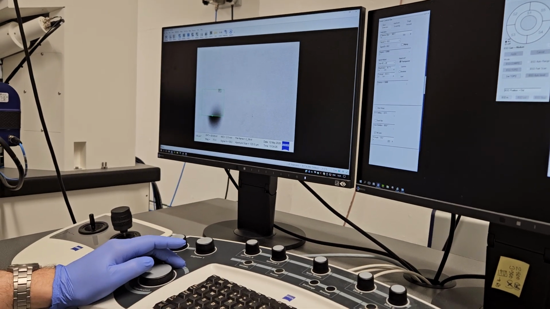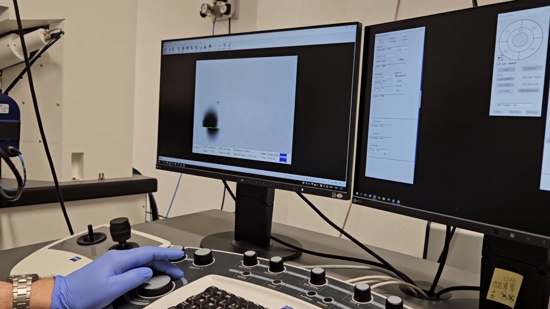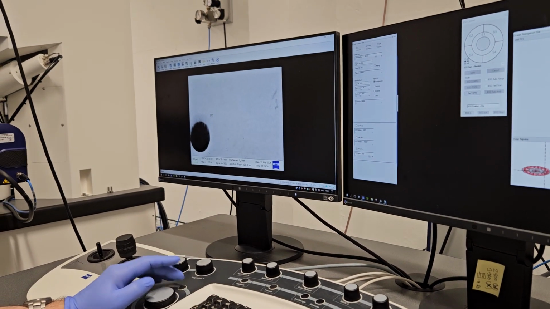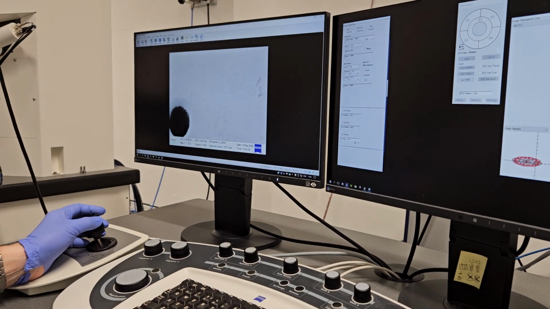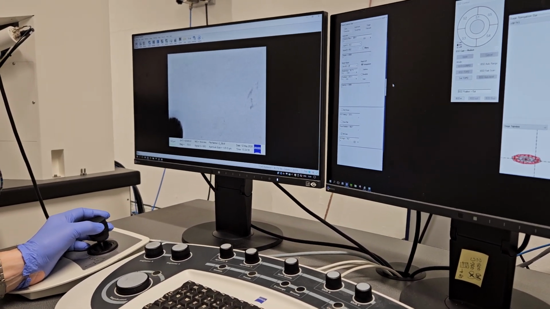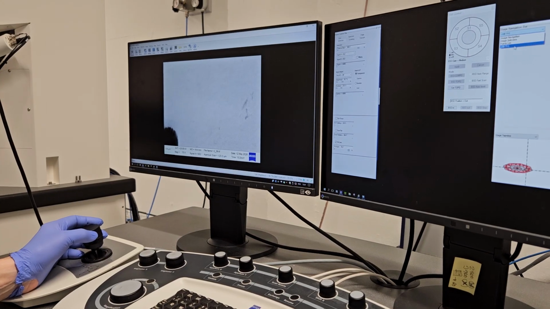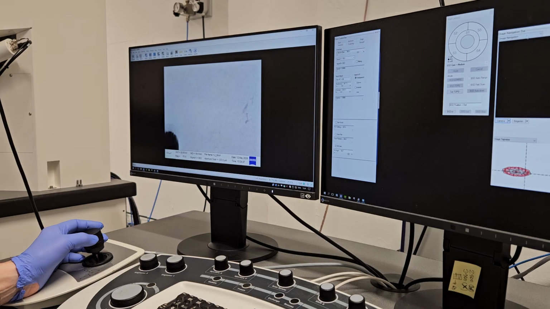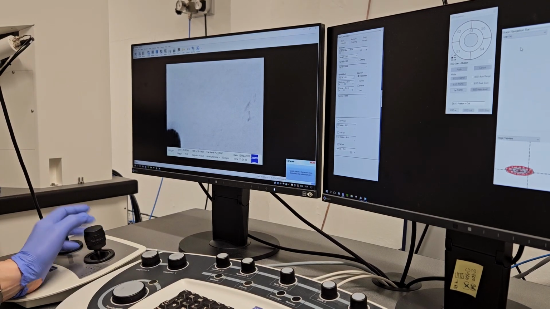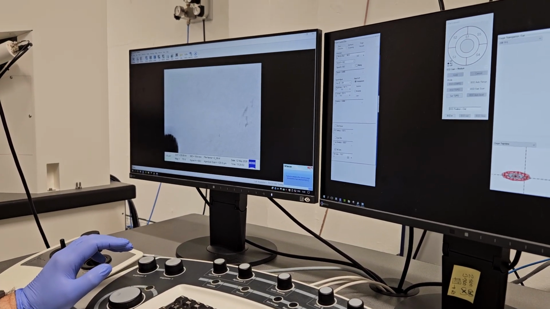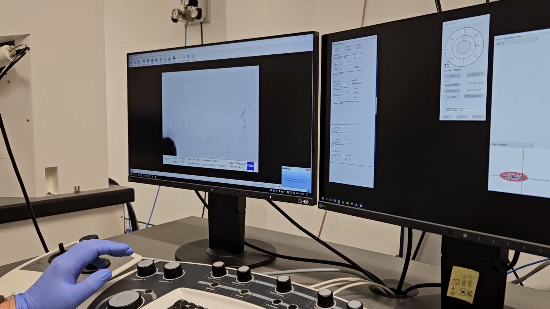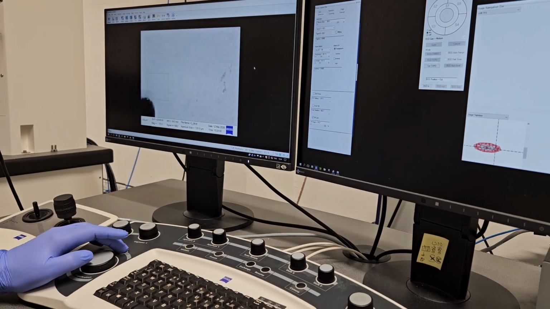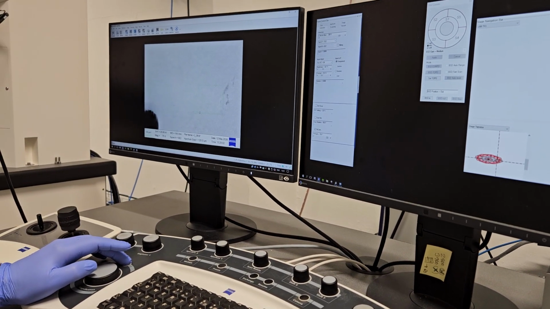What about dynamic focus? Wait, so quickly. Why don't we see anything here? Okay, let's try to focus.